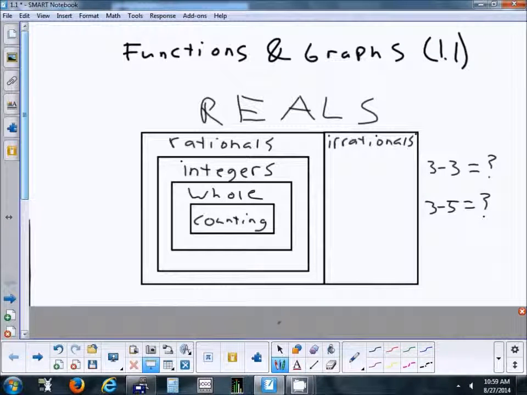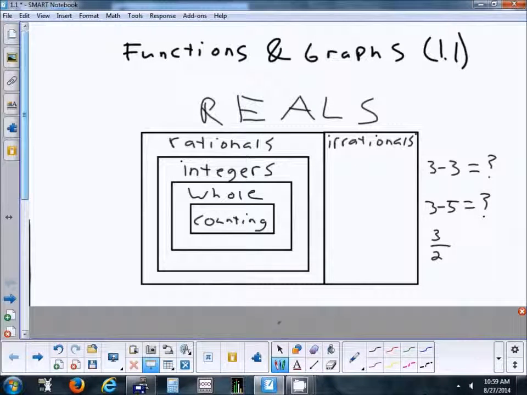So dividing, can you give me an example where you divide 2 numbers and you don't get an integer for the answer? There's no one right answer. There's a ton. 3 divided by 2? Sure, 3 divided by 2. 3 is an integer. 2 is an integer. You're dividing 2 integers, but the answer is not an integer. We have to go outside the set of integers to find the answer. And that's where we get rationals from. So now we have fractions.